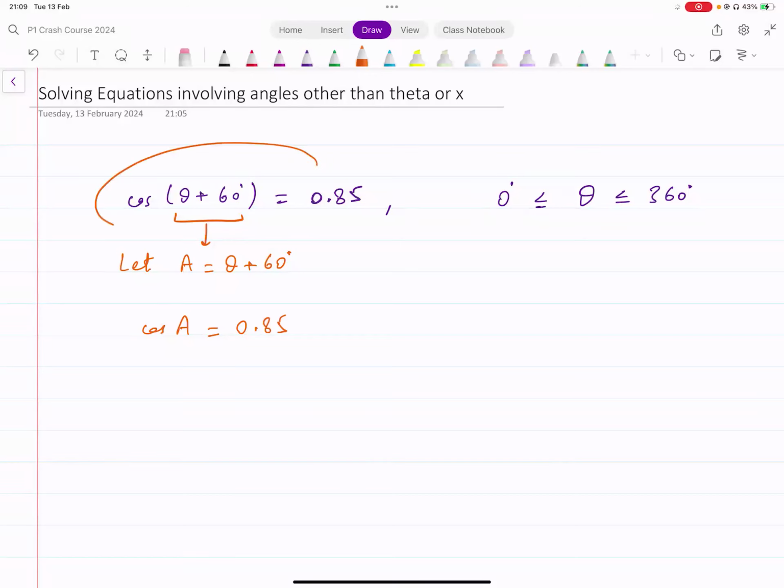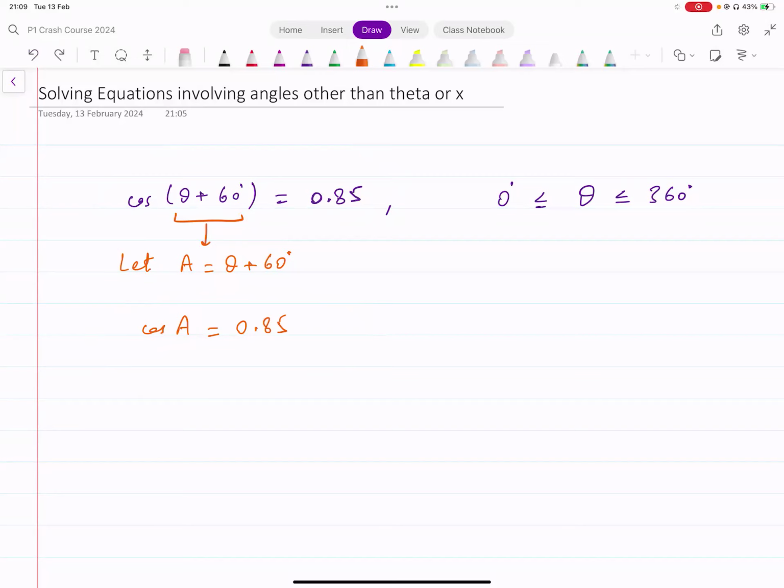And instead of solving that original equation, you say, let's solve this equation instead. Now, this is something that you know how to solve, right? Because it's just like cos of x being equal to 0.5. It's just one letter here. You've been doing this for many days now.